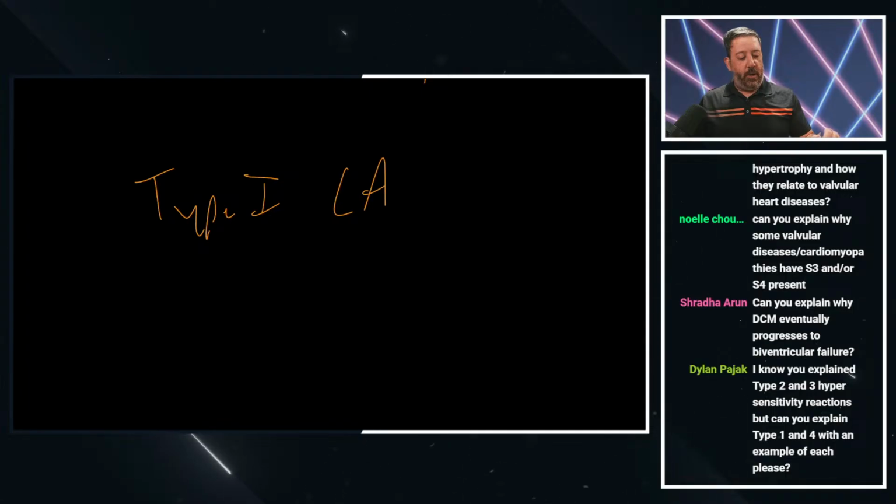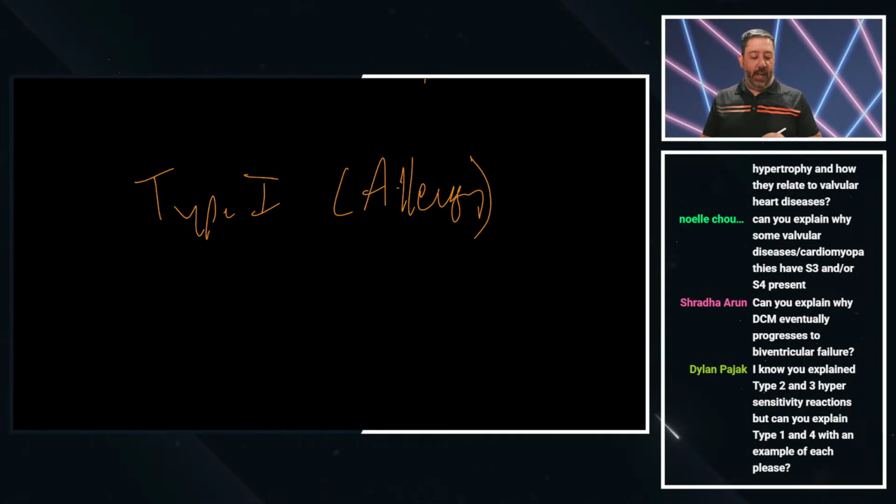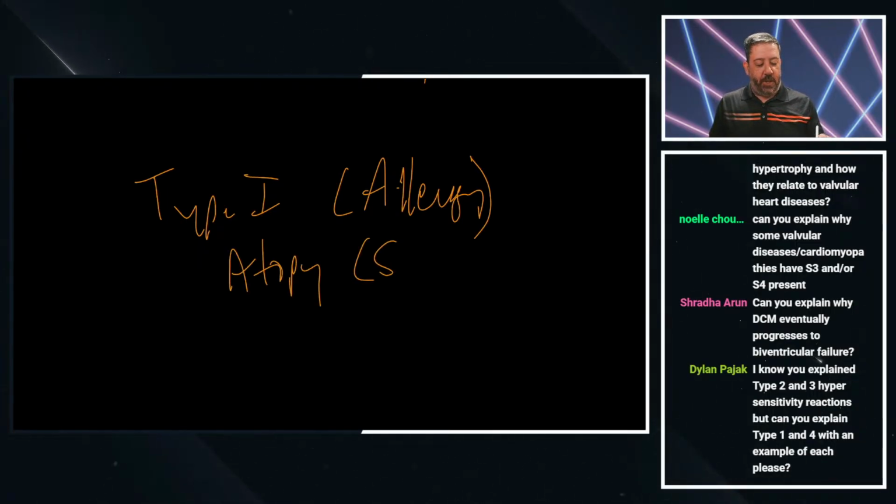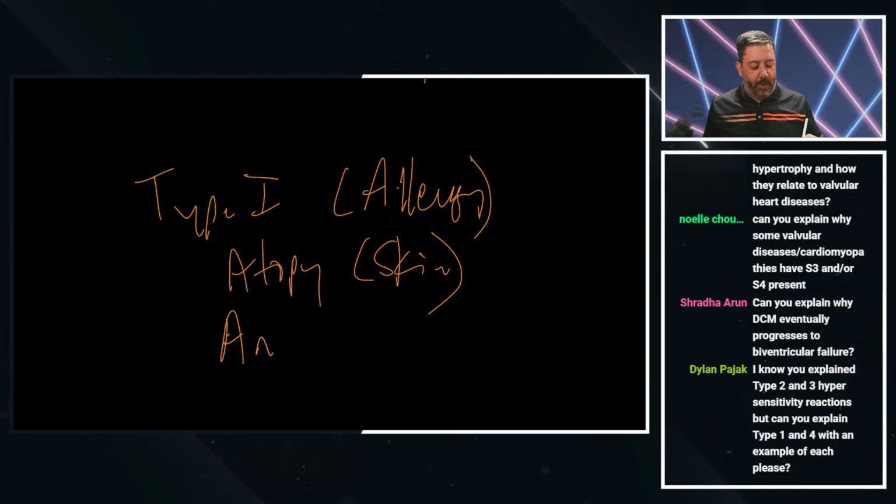Type 1 hypersensitivity reaction. This is your A for the allergy type. So it's either going to be an atopy, which is usually like a skin reaction. So something reacting to a food that you ate. Allergic reaction, a peanut. That is a type 1. The worst type is the anaphylactic.